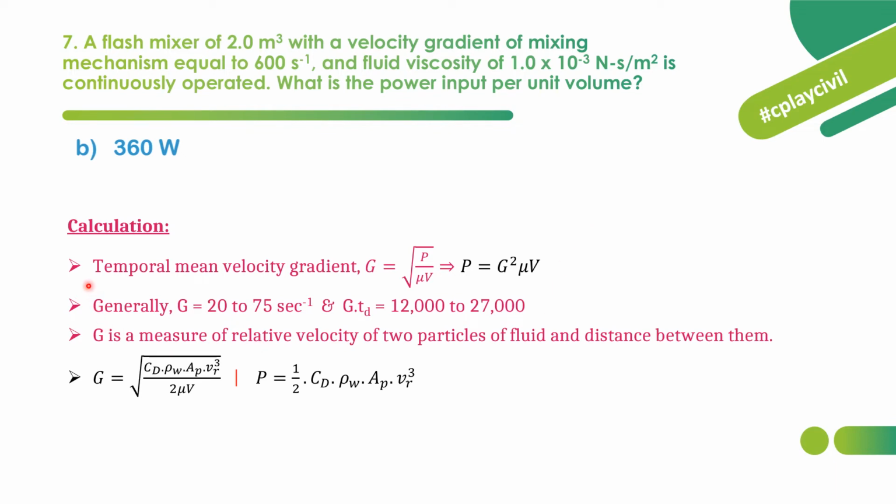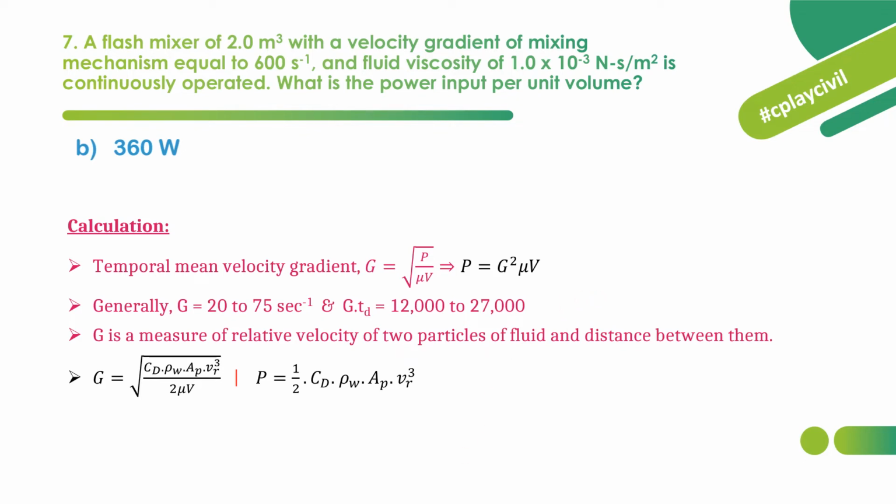Now let's see more about this temporal mean velocity gradient. Generally we have G value as 2275 per second in general case, and G into td, that is the product of this temporal mean velocity gradient and detention time, shall be around 12,000 to 27,000. These are some general values. This temporal mean velocity gradient is a measure of the relative velocity of two particles.